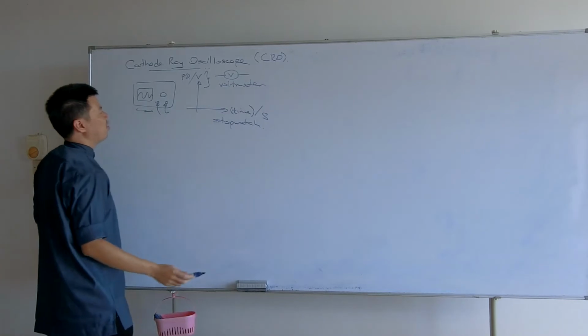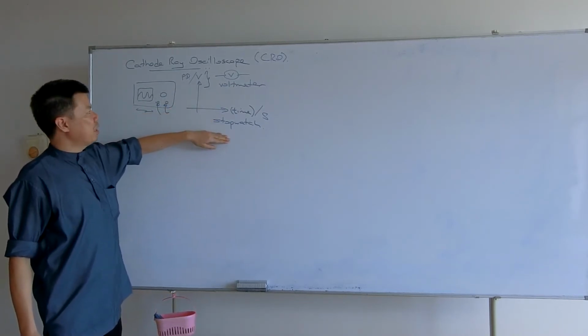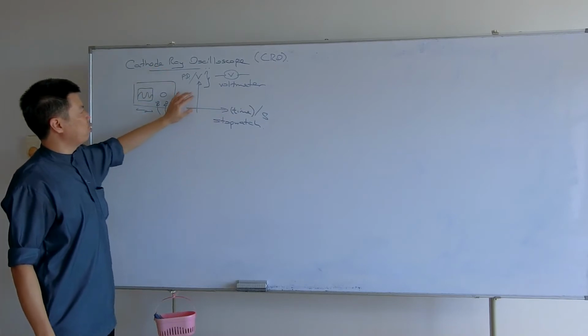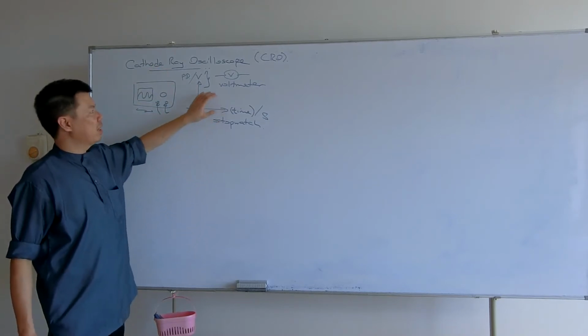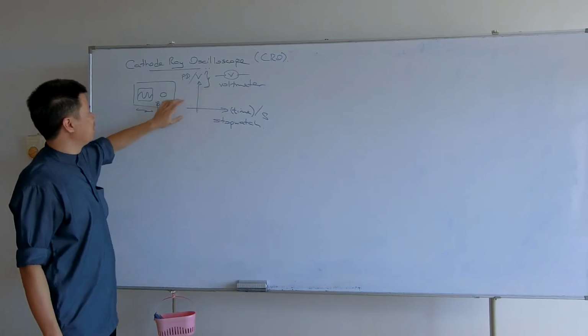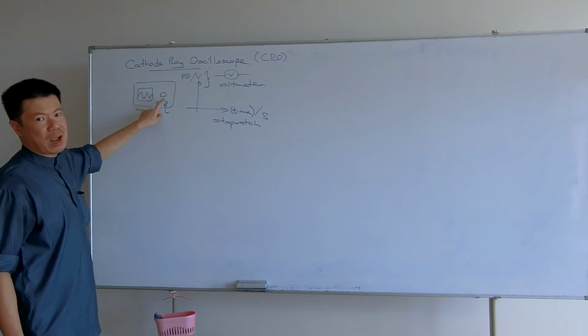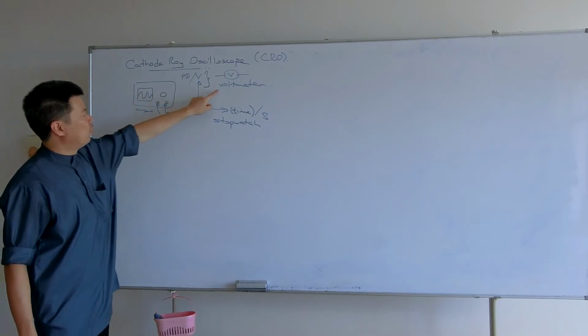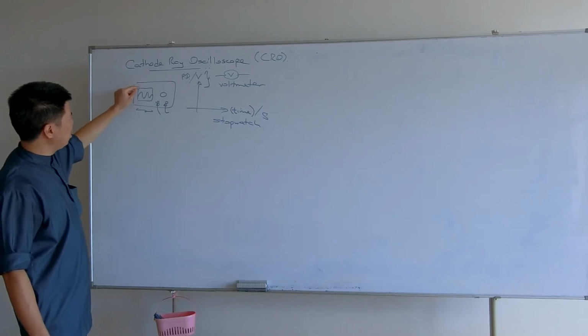So instead of having a voltmeter separately and a stopwatch separately, you can have a cathode ray oscilloscope which can measure two things. But the coolest thing about the voltmeter and stopwatch in the CRO is that it can measure in real time. So if your potential difference changes, it can monitor it in real time.